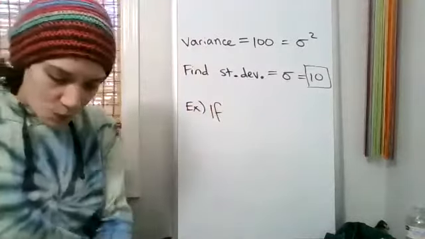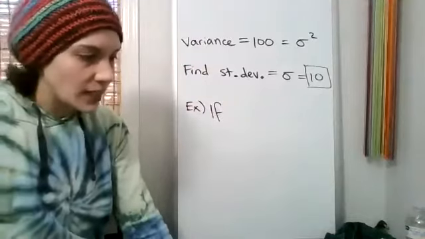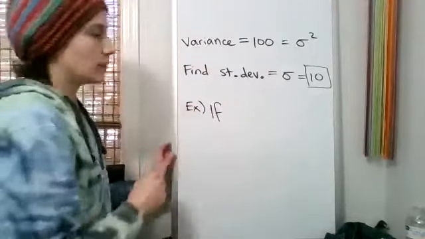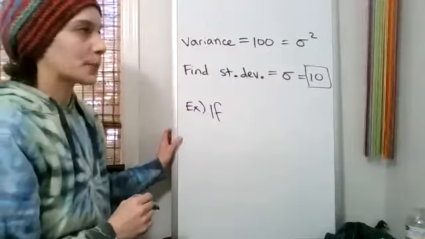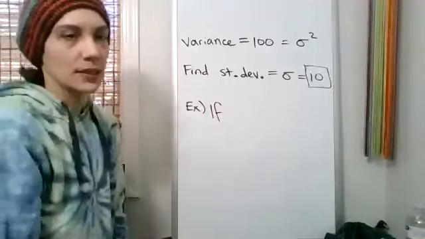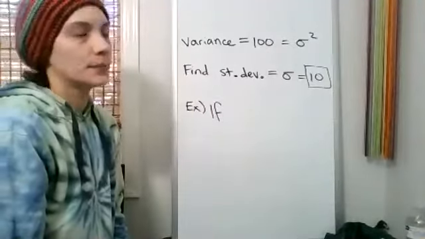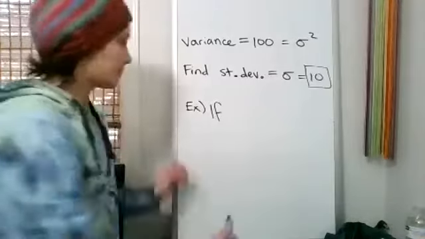The variance of a variable is, just pick something, 40.